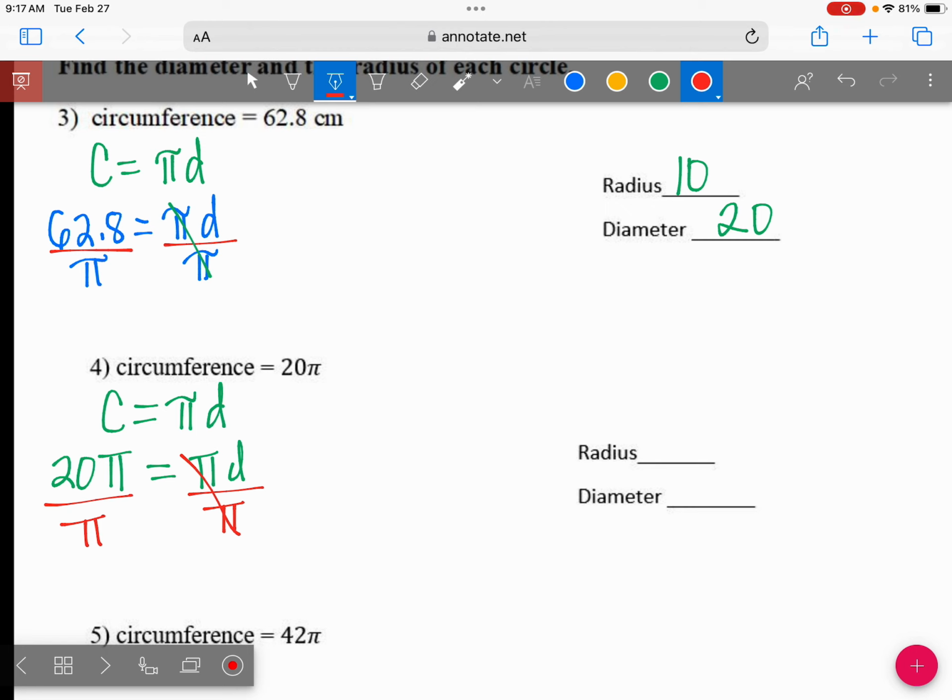If you take 20 pi and divide that by pi, did you get 20? Yeah, so your diameter is 20, just like number 3. So if our diameter is 20, the radius is half of our diameter, and half of 20 would be 10.